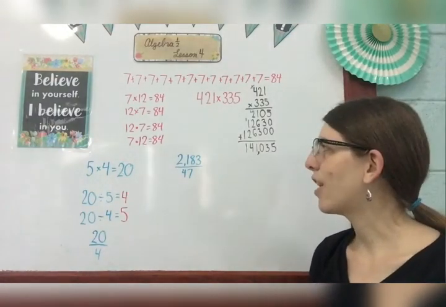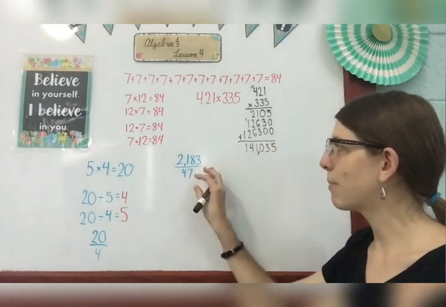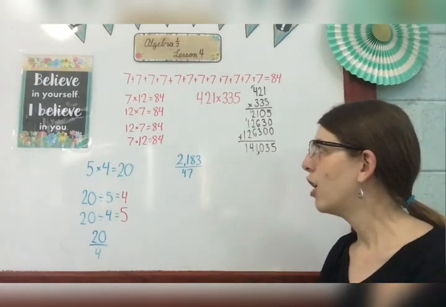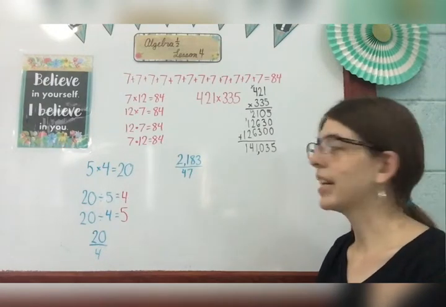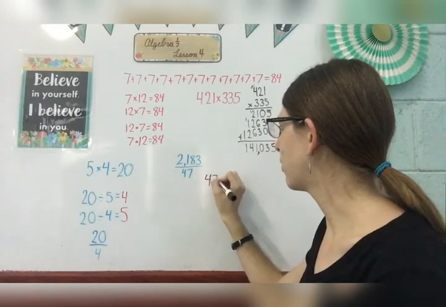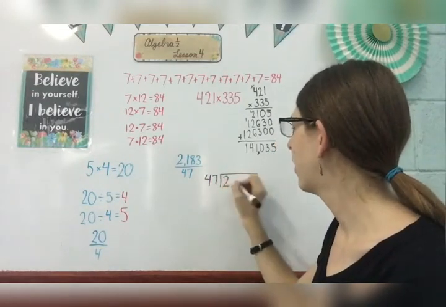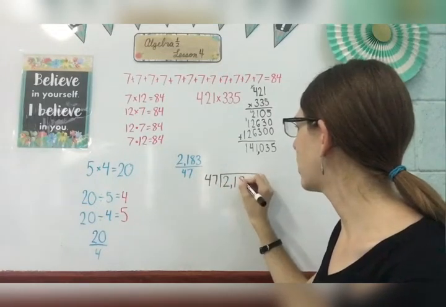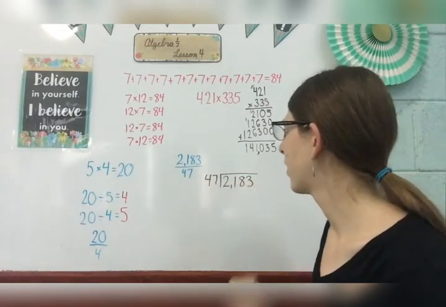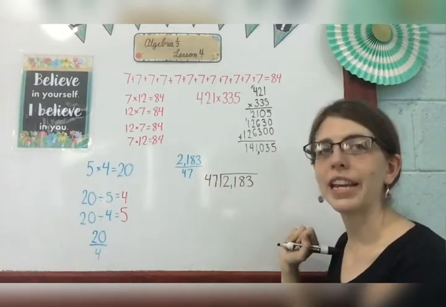All right, let's move on to division. When you're dividing, remember this means division right here. 2,183 divided by 47. The easiest way to do this manually is to have your division house. This is called an algorithm because it's a way of doing a mathematical operation. So I have 47 into 2,183.